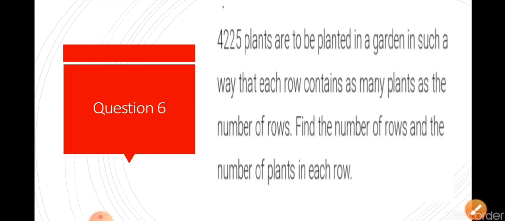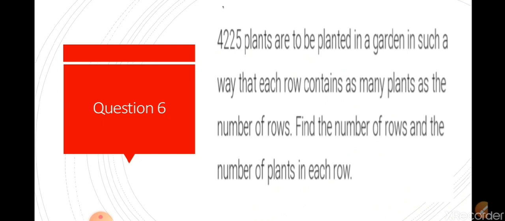Now question number 6. Question number 6 says that 4,225 plants are to be planted in a garden in such a way that each row contains as many plants as the number of rows. Find the number of rows and the number of plants in each row.